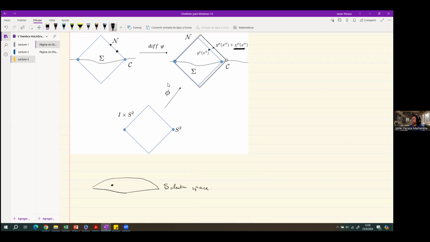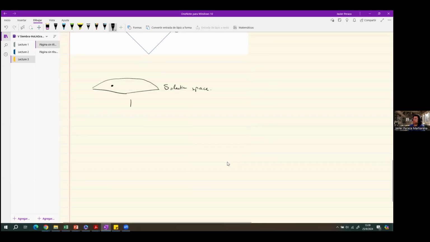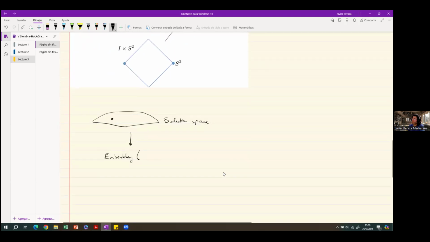We are going to have some map from solution space to the possible embeddings from our manifold here, so we will take this pi times S2 to the space-time. So for each point of the solution space, we are associating one embedding.